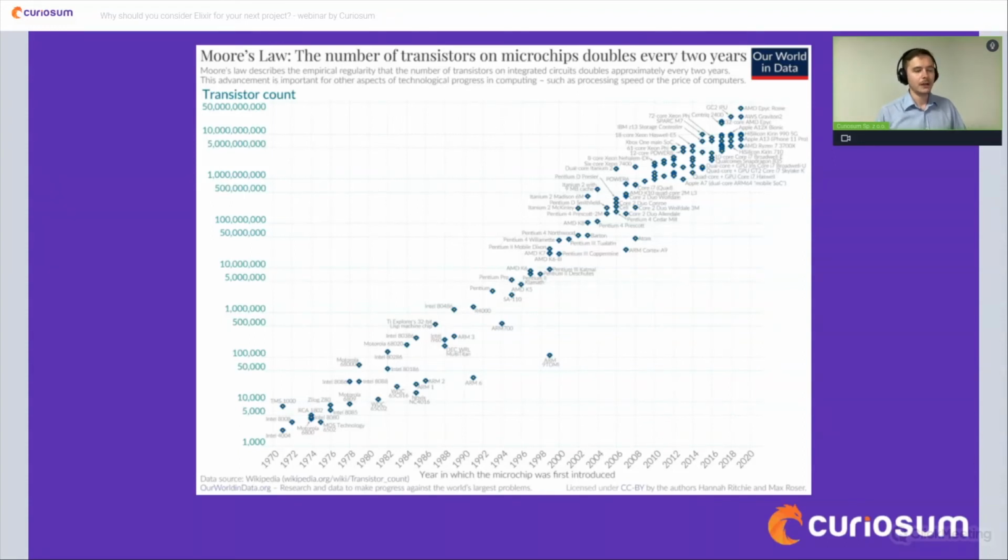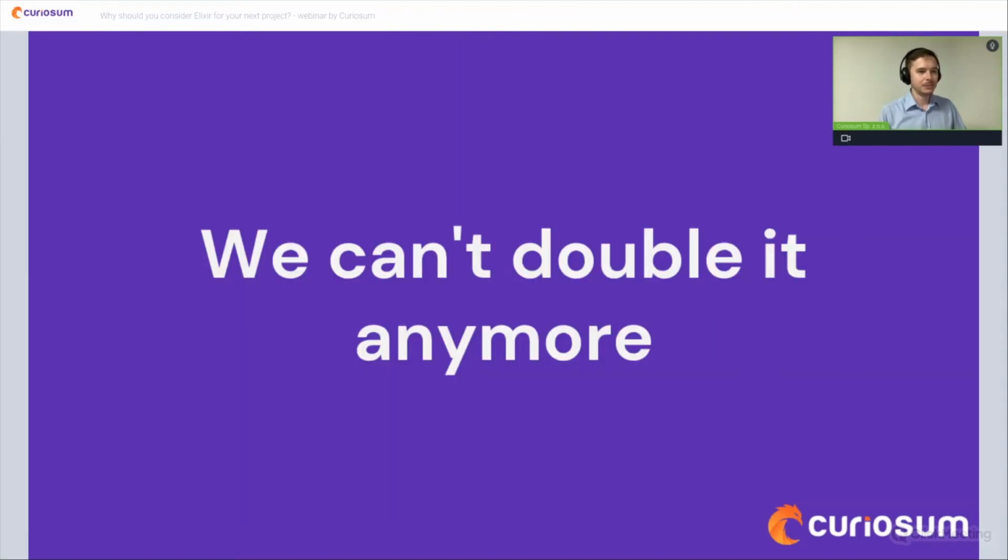It's happening. But I would say that we can't double it as efficiently as we did, because doubling the amount of transistors means that you have to make them smaller and smaller every year. We already got to the place where these transistors are so small that it's very hard to design something that will be able to maintain this trend.